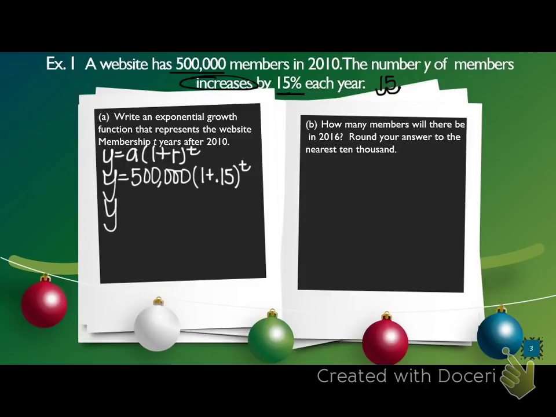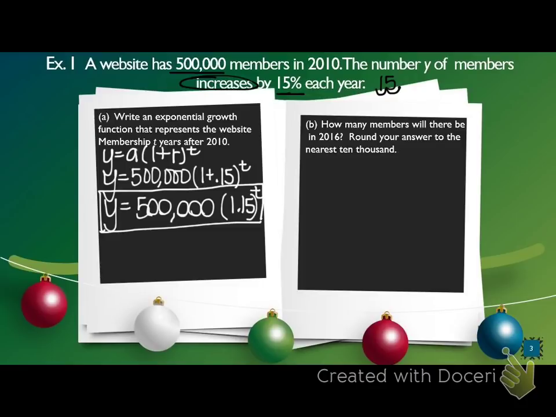Now, one last thing to do, we're going to do all the work in parentheses that we can do. So 1 plus 0.15 is going to give me 1.15, and then I'm raising it to the power of t. So there's my function. That's all I'm asked to do in A. I'm asked to write an exponential growth function that represents the website membership T years after 2010.